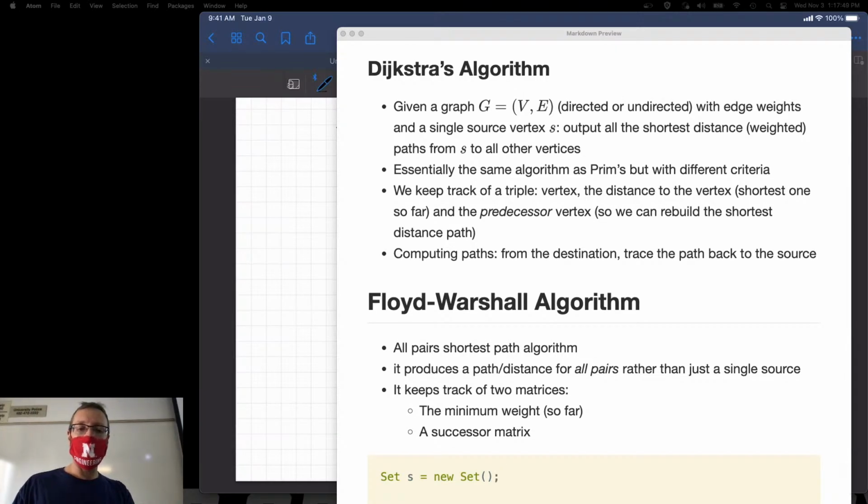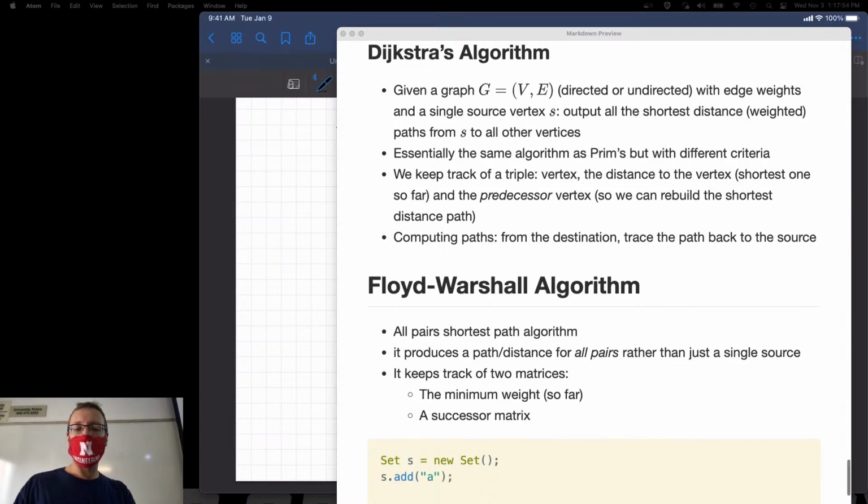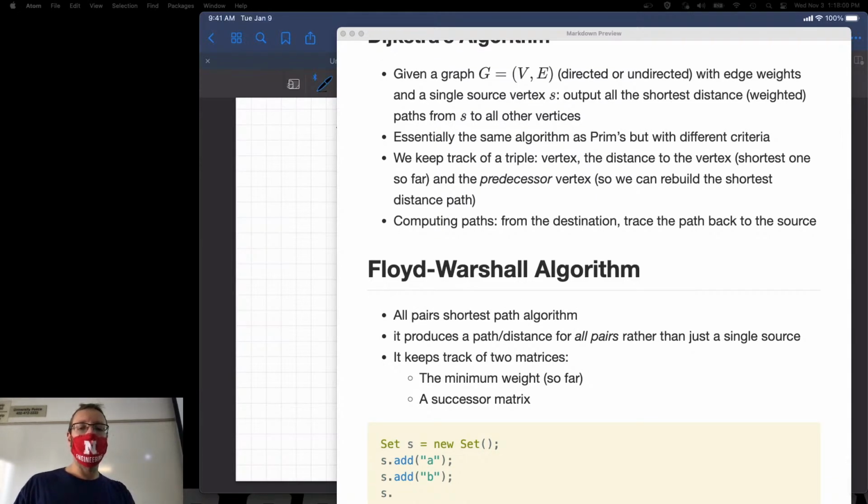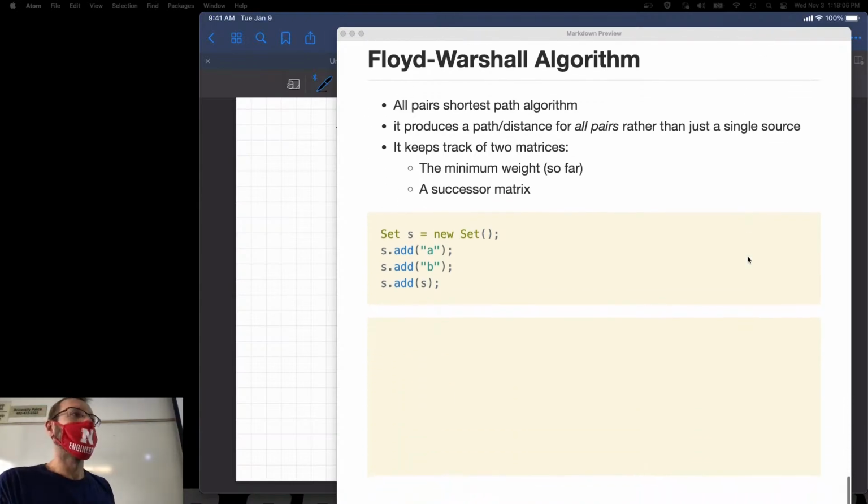S.add A. S.add B. And then S.add S. What happens? Why is that a problem? So, does S belong to itself or not?